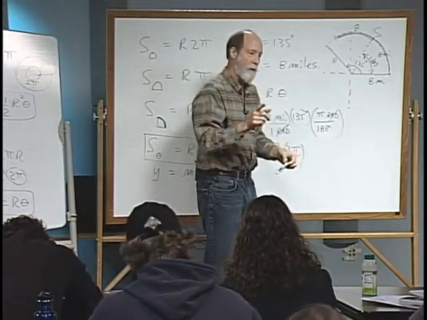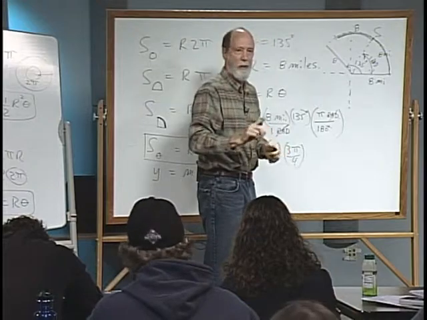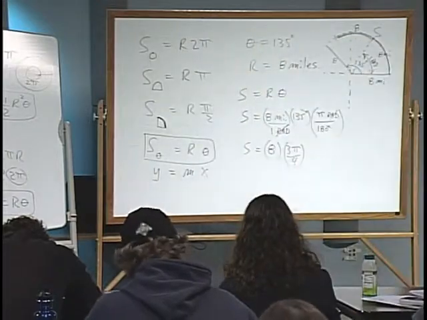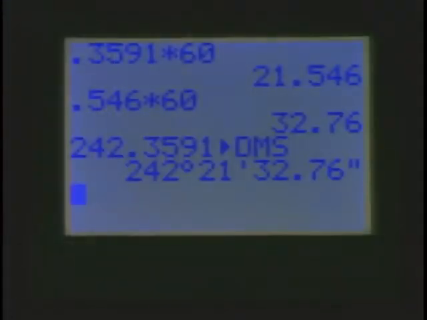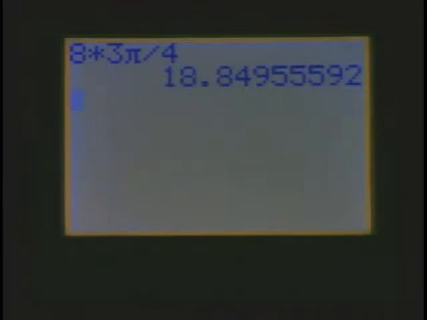Then you turn your calculator on and you better get an answer in that ballpark. So we're going to take 8 times 3 pi divided by 4. 18.85 miles.